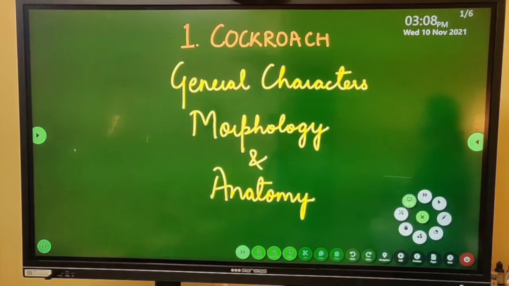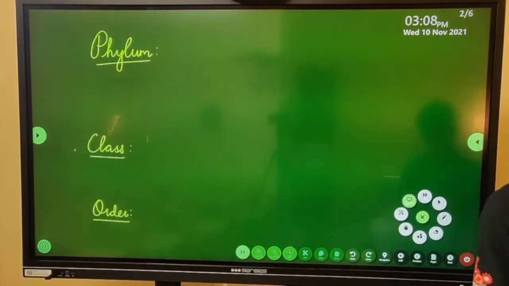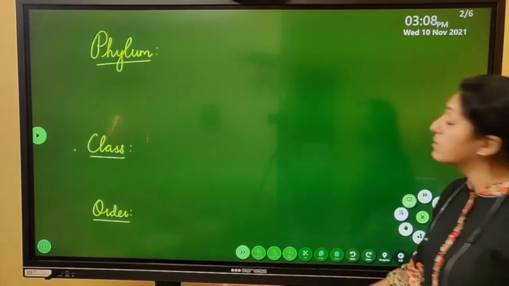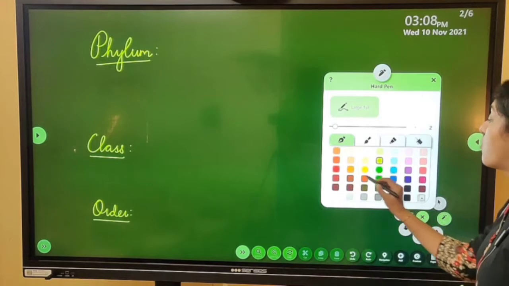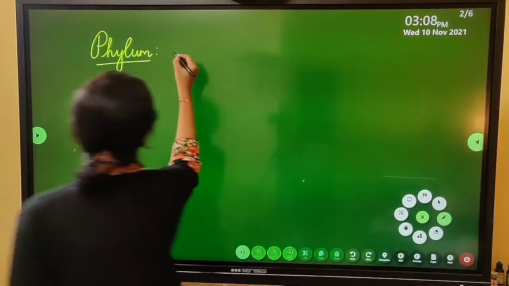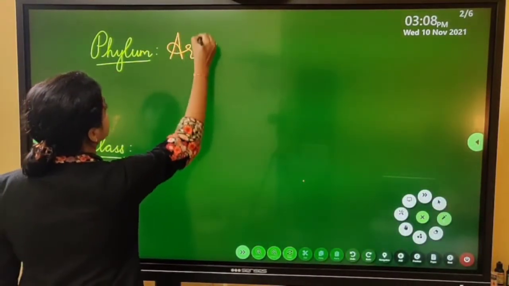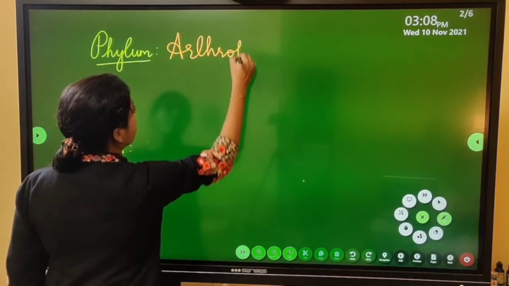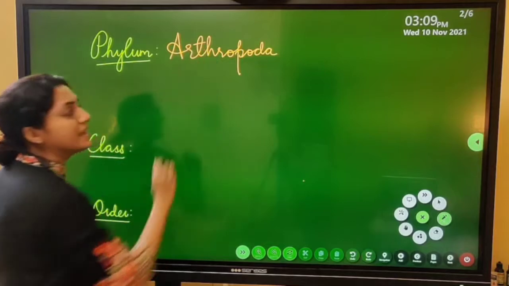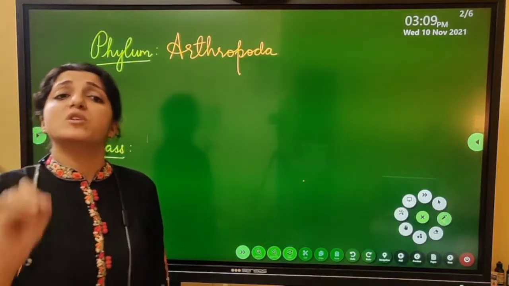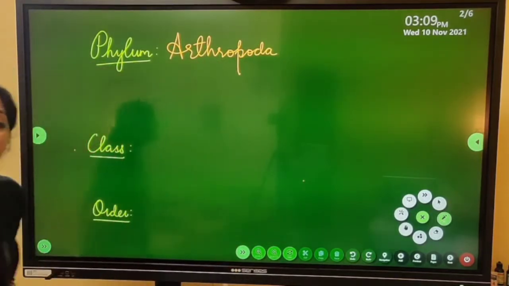We will be seeing the general characteristics of the cockroach. So it belongs to phylum Arthropoda. Now there are three characteristic features which put it under this phylum Arthropoda.